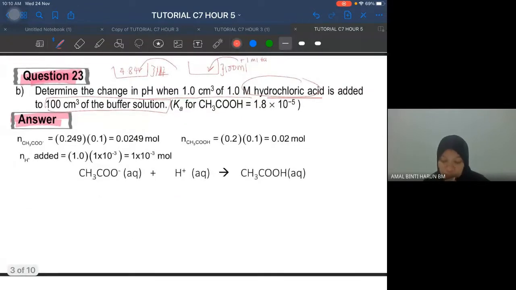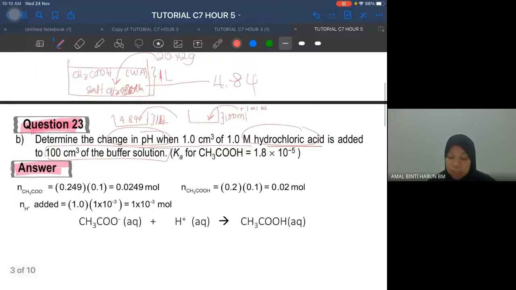So we want to find the pH change. What is the pH when we add 1 cm cubed of strong acid to this buffer solution? Okay. So first of all, we need to find the number of mole of salt and acid in the presence of 100 ml.